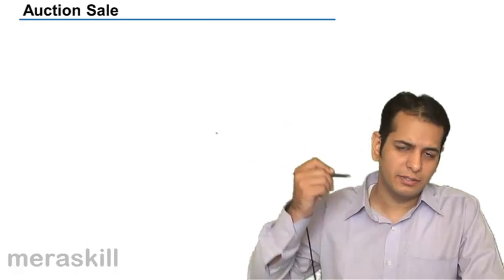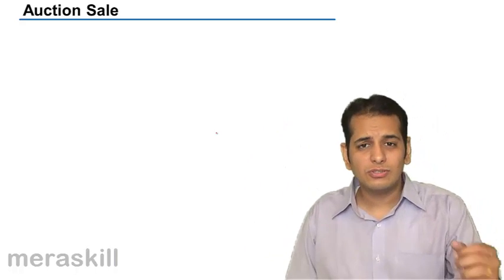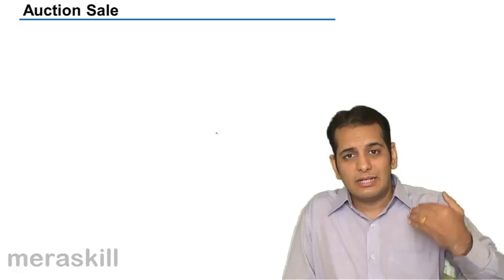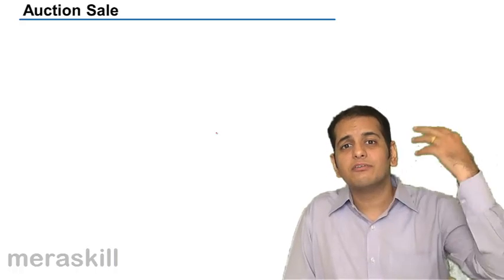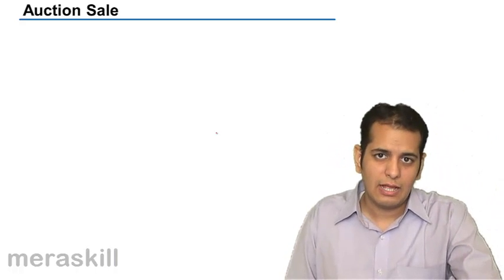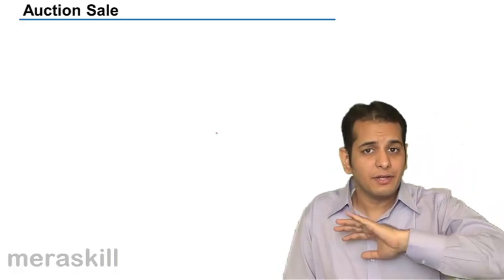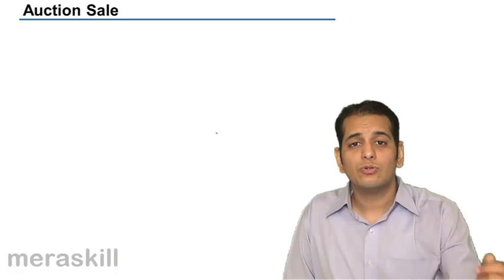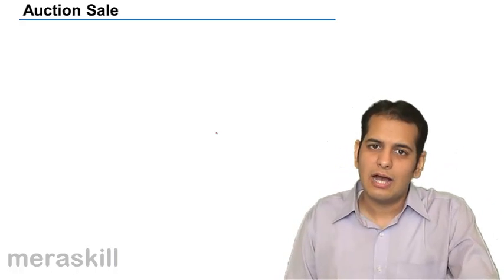So now what is happening is each buyer is giving a higher bid. This is how it happens. The next bidder has to give a higher bid. And this process goes on until there are no more bids. So the sale will happen to the highest bidder.